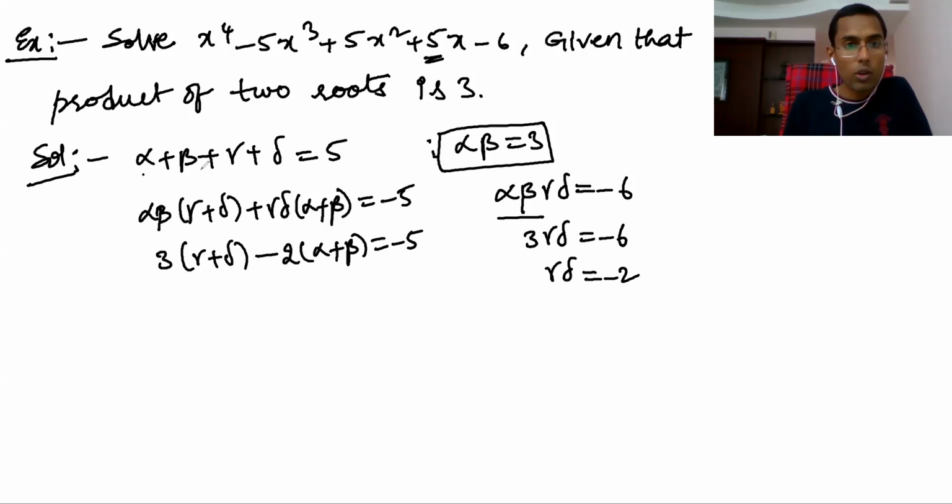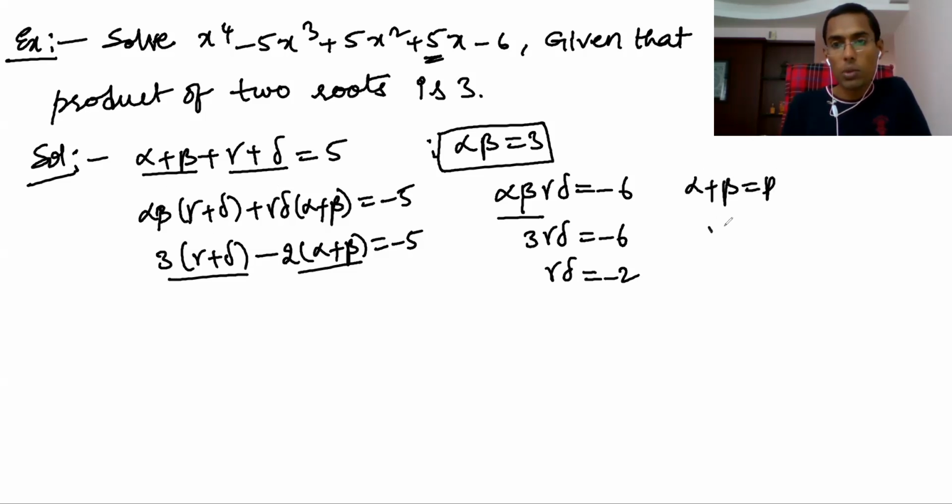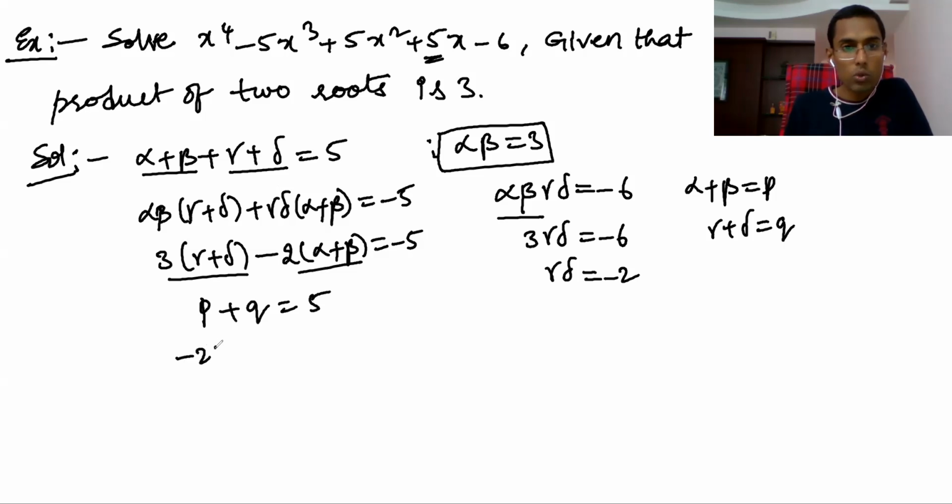Here alpha plus beta and gamma plus delta appear. I take alpha plus beta as p and gamma plus delta as q. So p plus q equals 5, and minus 2p plus 3q equals minus 5.